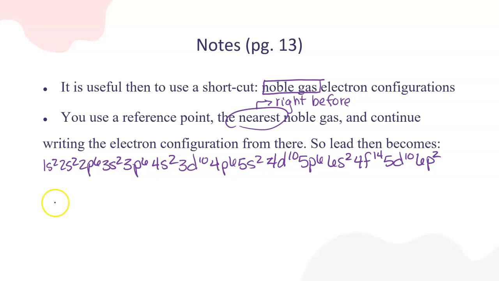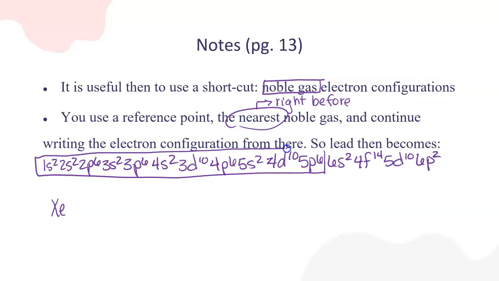That would be xenon. Xenon's electron configuration ends up being this. So we can say xenon instead of all of that, and then continue from xenon.